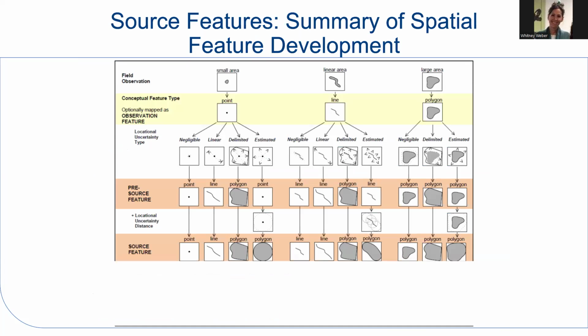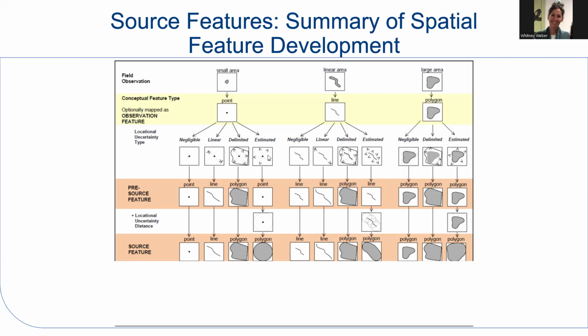And so now if we look at that entire diagram, we can see that we started with a small area. This was our piping plover, which was obviously less than 9 meters in each dimension. It was a small area. Because it was a small area, our conceptual feature type is point. The locational uncertainty type we had was 20 meters, and we couldn't delimit it.